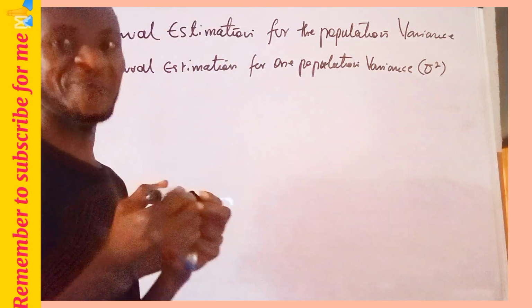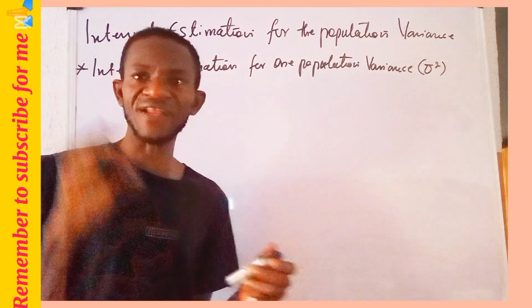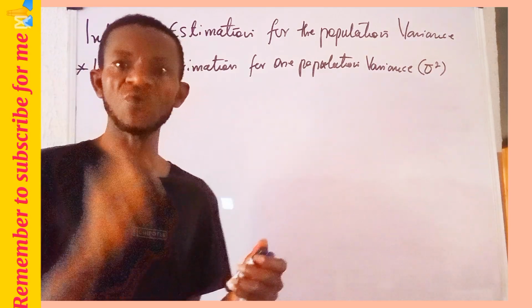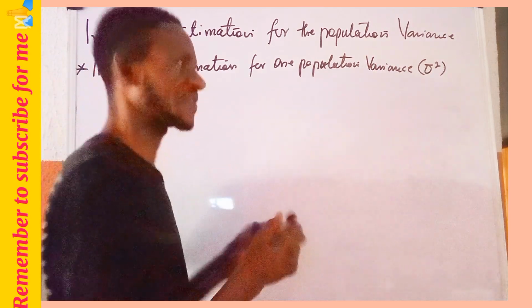And then the second approach is interval estimation for the ratio of two population variances.